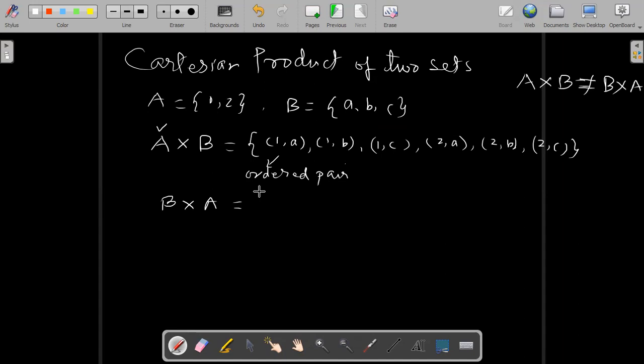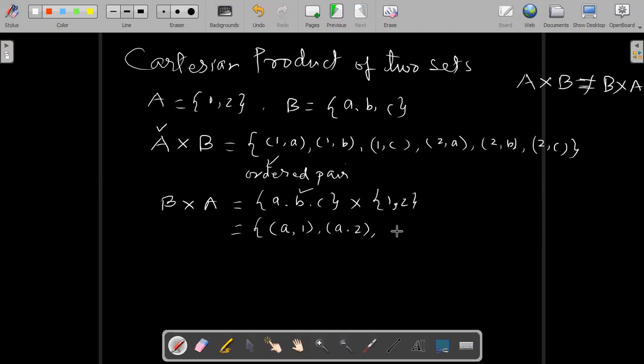So B cross A, first you can also write the sets and then do it like this: A, B, C cross 1, 2. Now the first element A will be written with all elements of set A: A1 and A2.